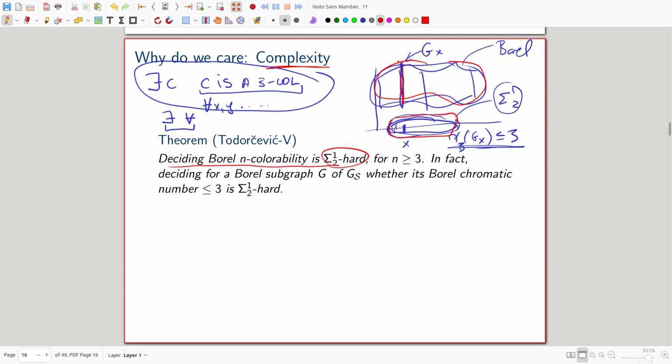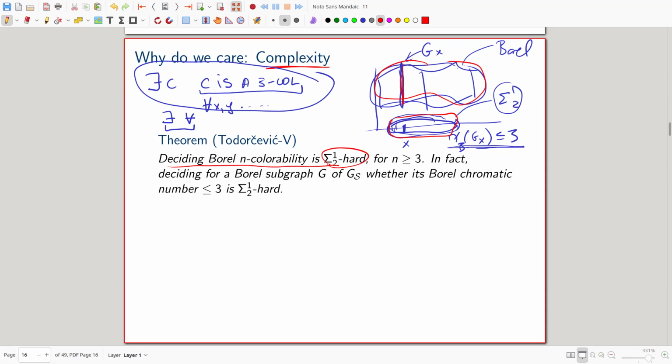In some sense, this says that you won't be able to have a nice description of when a Borel graph has a Borel 3-coloring, because any description is going to be as complicated as the definition itself. Sigma 1, 2 hard implies in particular that it's not going to be something simpler.